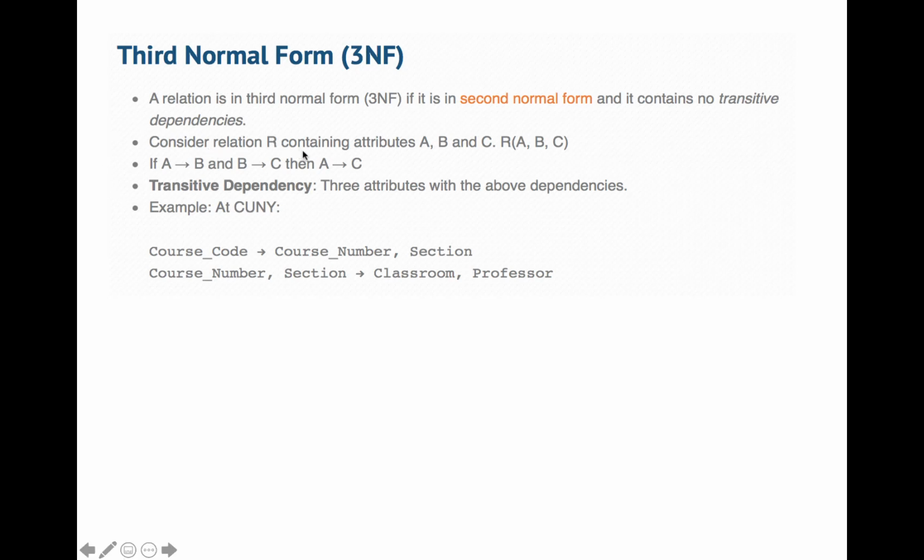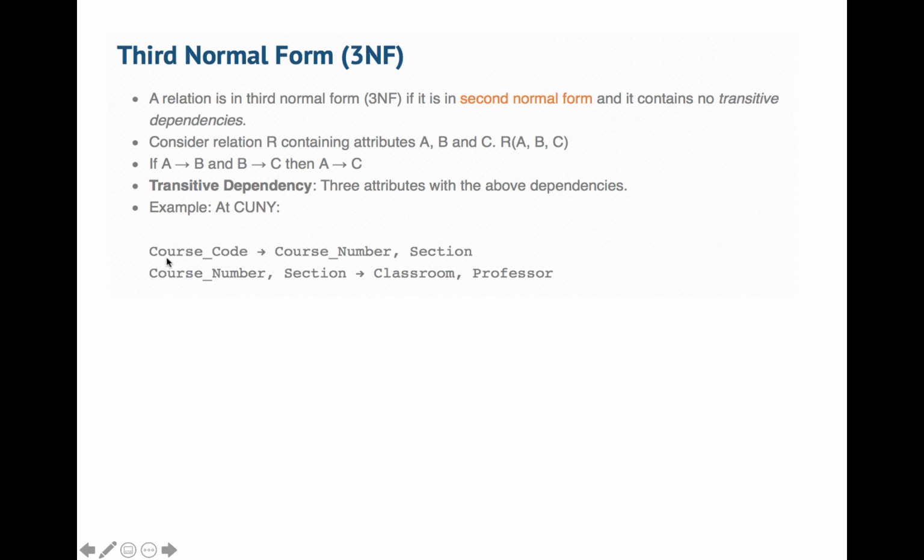Consider a relation R on A, B, and C. If A determines B and B determines C, then A determines C. This is called a transitive dependency, with three attributes and the above dependencies.